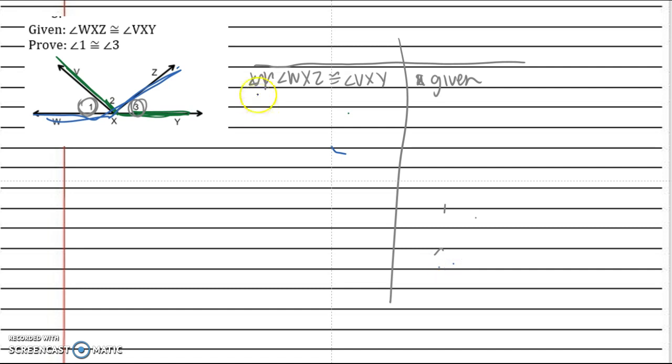And then I've got angle 1 and angle VXY are a linear pair. And also angle 3 and angle WXZ are a linear pair.